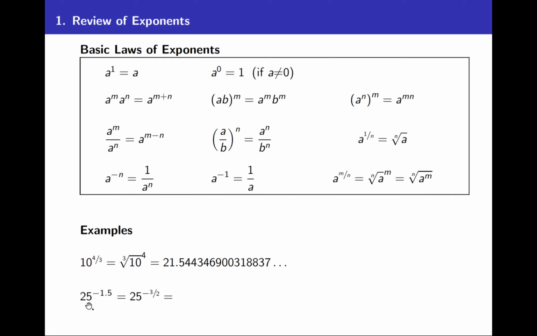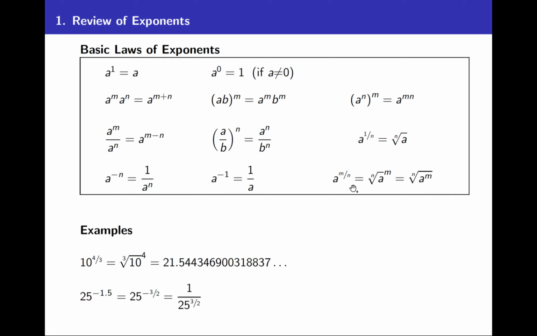Imagine you had 25 to the power of negative 1.5. Well, negative 1.5 is minus 3/2. So that's 25 to the power of minus 3/2. Use this property, and that power of minus 3/2 comes down to the bottom as a positive.